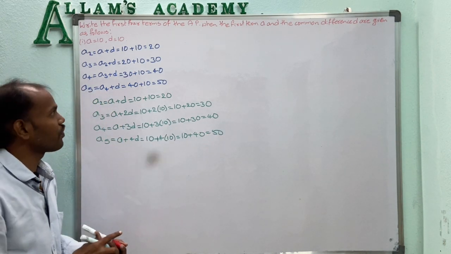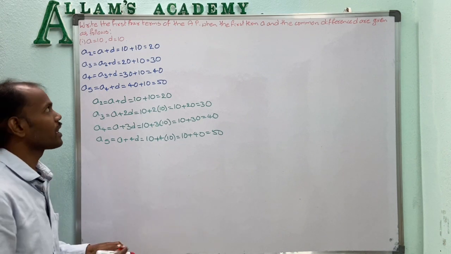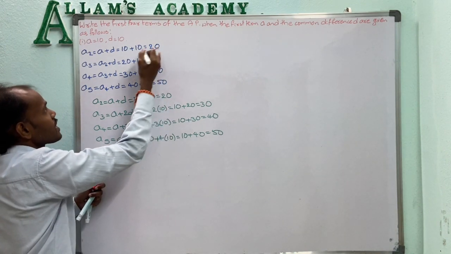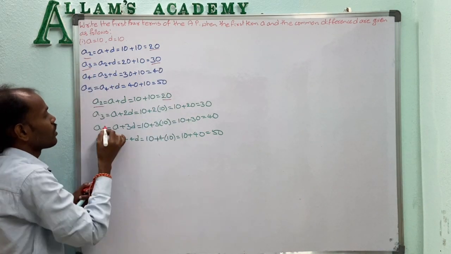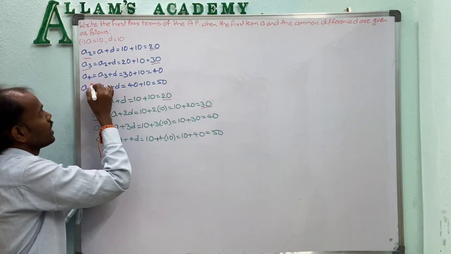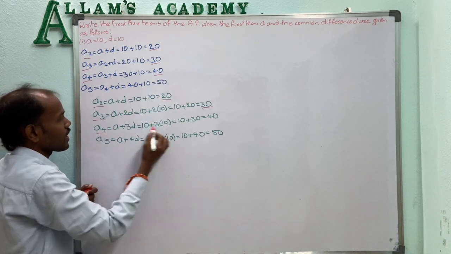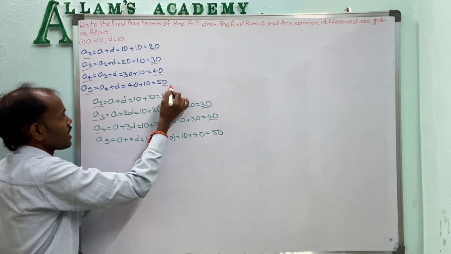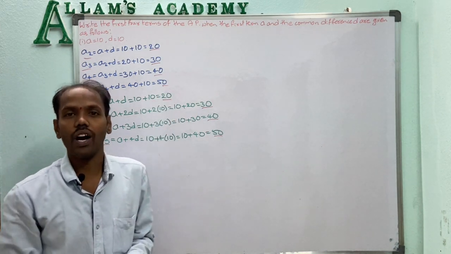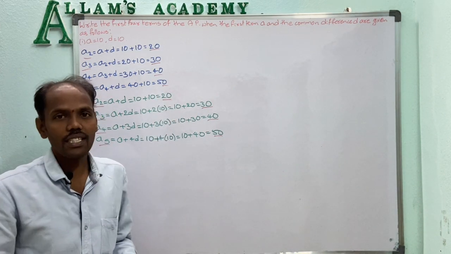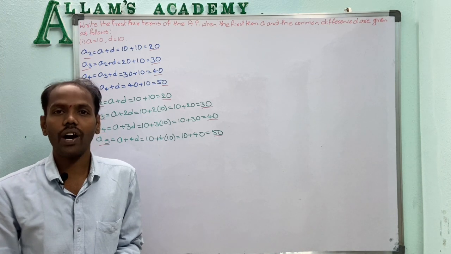Now here if we observe, in any method we get the same answer only. A2 equal to 20, A3 equal to 30, A4 is equal to 40 and A5 is equal to 50. So whatever method we have to follow, we follow the easiest method.